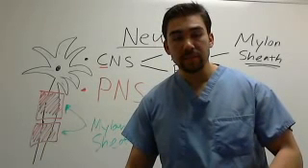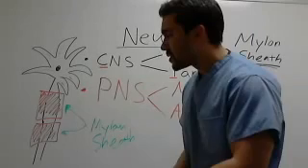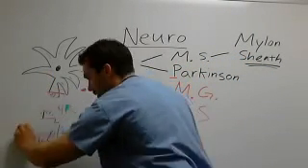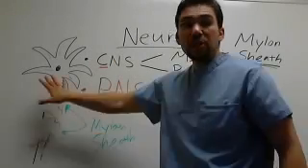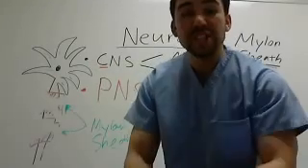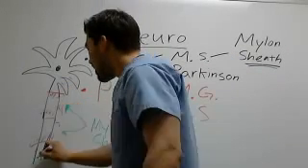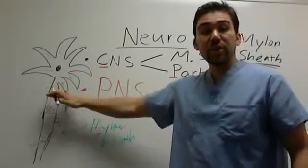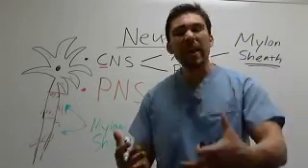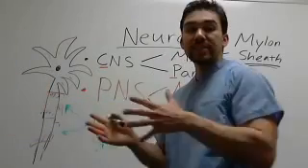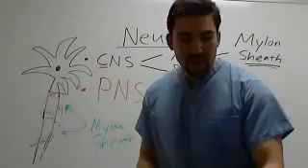So, with multiple sclerosis, you have a degradation of this myelin sheath here. Okay? So your myelin sheath now is pretty much almost all gone. So what's left is your neuro cell without a myelin sheath, so it really can't transport impulses like it should.